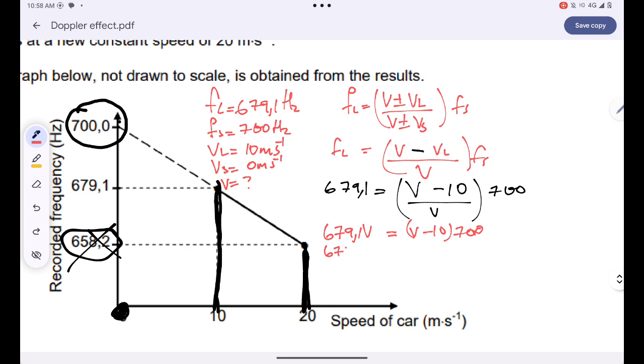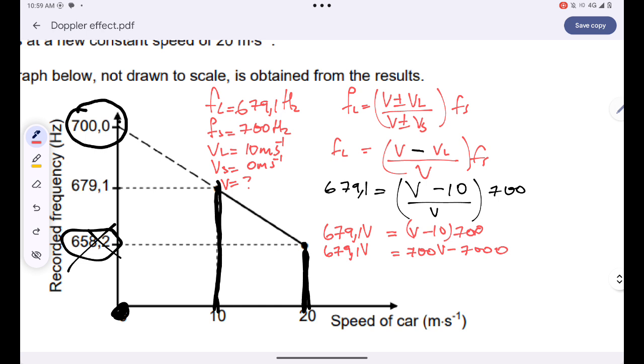This will give me 679.1 times v is equal to 700v minus 7,000. 700 multiplied by 10 is 7,000, so it's minus 7,000.